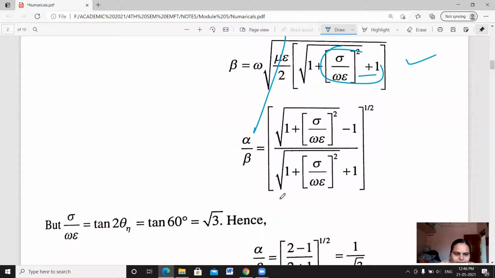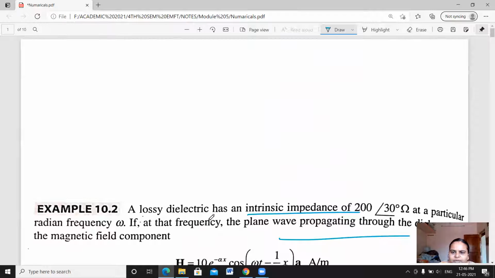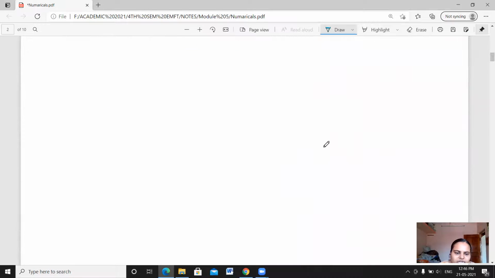But sigma by omega epsilon is equal to tan 2 theta eta. Therefore, the angle is already given as 30 degrees, and the same thing you have to consider here.